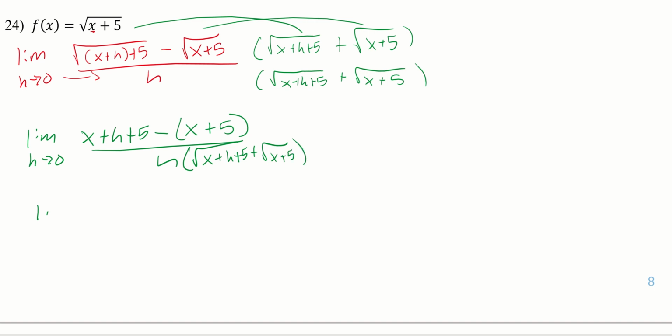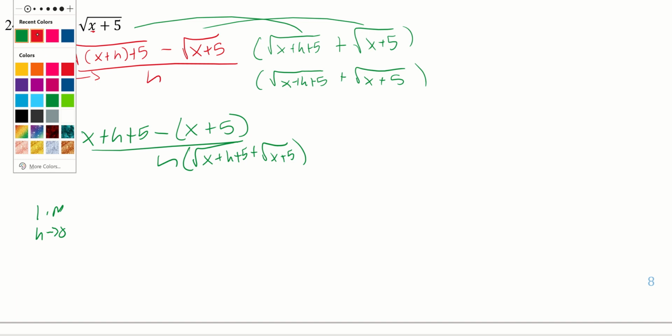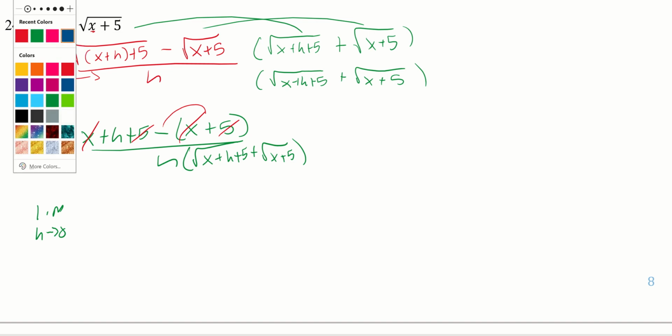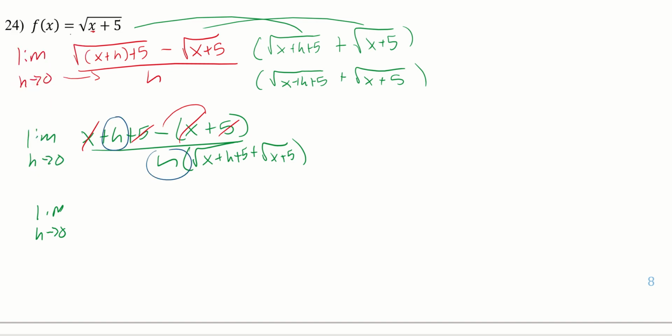Cool. Okay, so the limit as h approaches 0. If you notice, I've got x minus x, so those guys will go away. And I've got 5 minus 5, so those go away. And then again, very common thing, we got an h on the top and an h on the bottom. So I know I kind of did a lot in one step right there, but if you notice, the x's cancel, the 5's cancel, and then the h, we have one on top and the bottom, so we can reduce those.